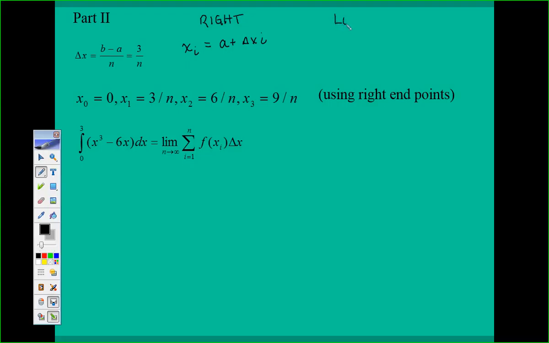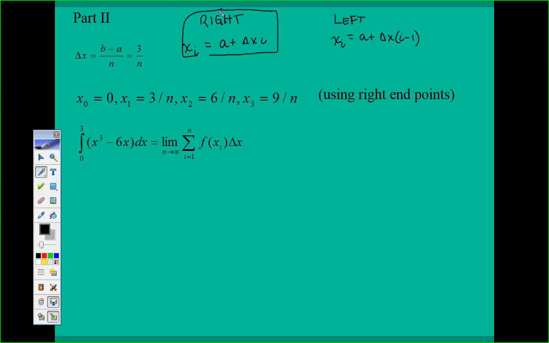If we're using the left side of the rectangle, we use a plus delta x times i minus 1. So we are going to be using the right side of the rectangle, so we're going to be using this formula.